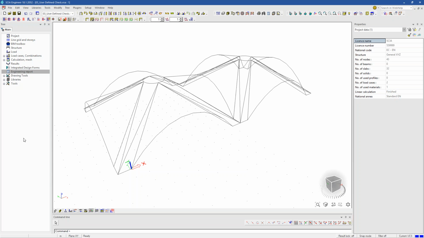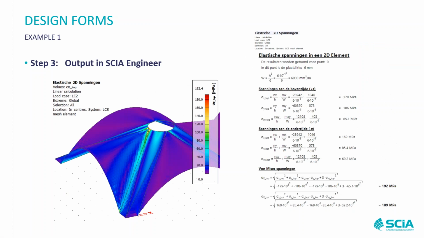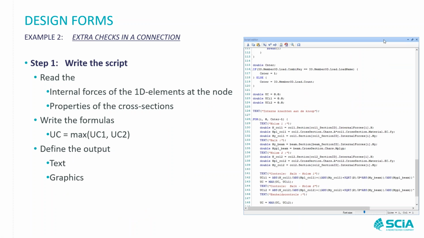I will show another example, but now without going into much detail, in the sense that I'm not going to visualize the script anymore. This example is a script to do some extra checks in a connection of a special scaffold.